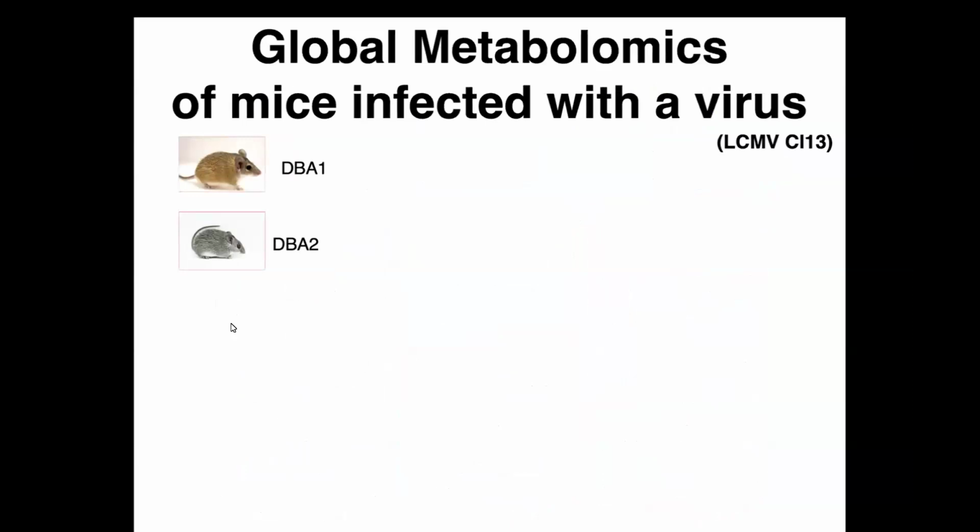DBA1 has a cytokine storm, and the DBA1 mice die after 1 week of infection. The mice die not from the infection, but from the immune response. The DBA2 had T-cell exhaustion, and the DBA2 mice survived the infection.